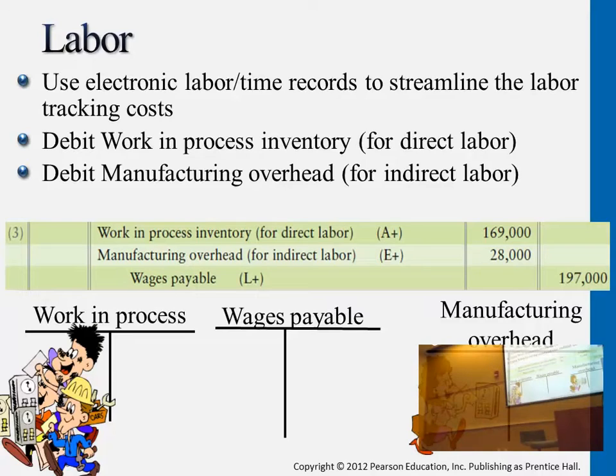What is work in process again? Work in process inventory considers direct material and direct labor. And later on, when we talk about manufacturing overhead, a portion of this also gets assigned into work in process. So basically, it's the cost of producing a product that is not yet finished.